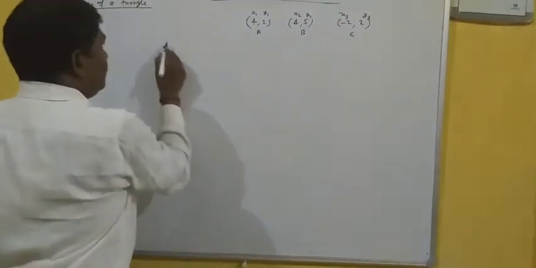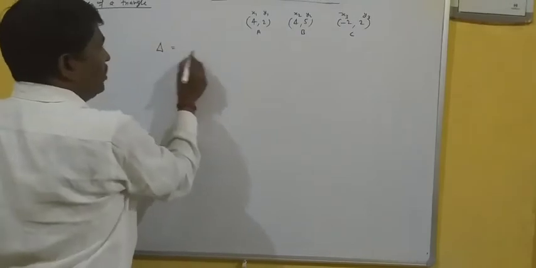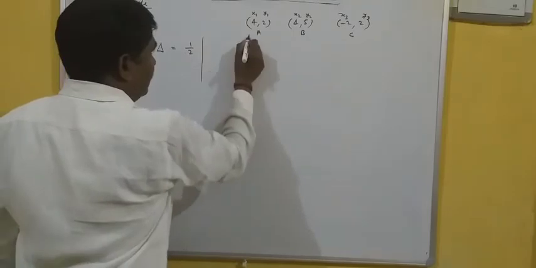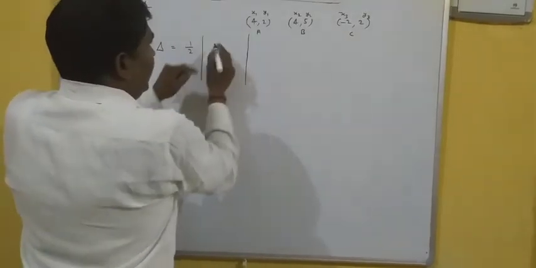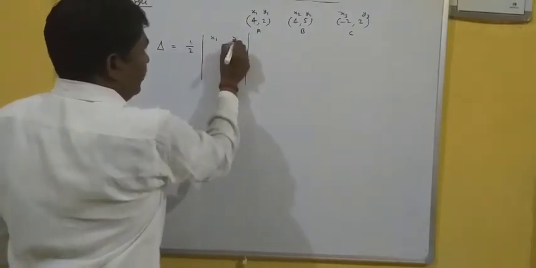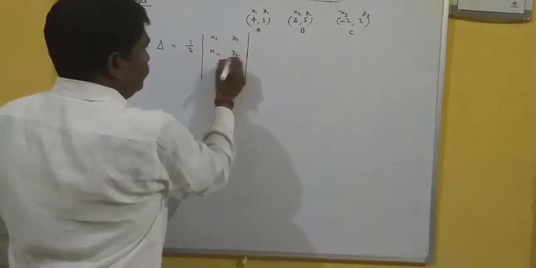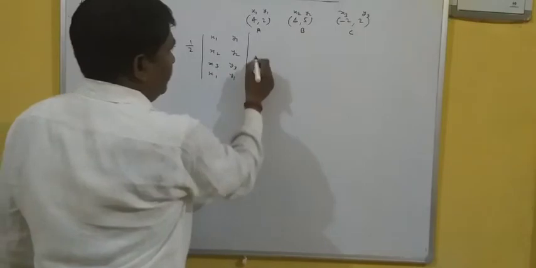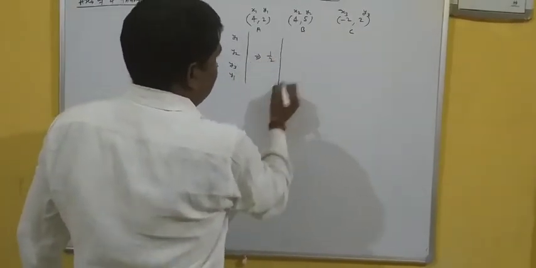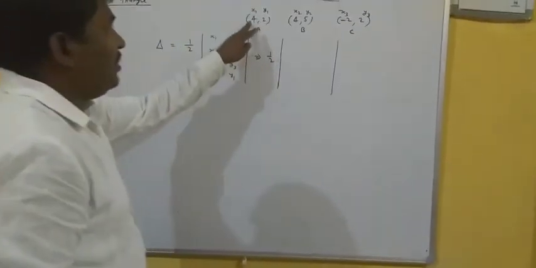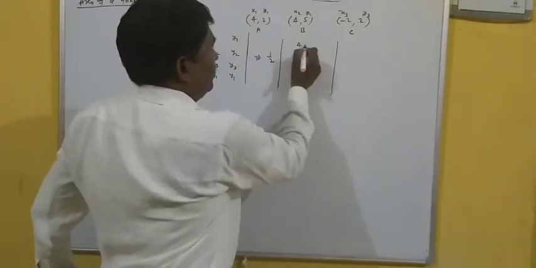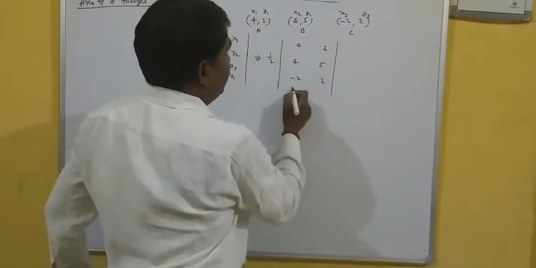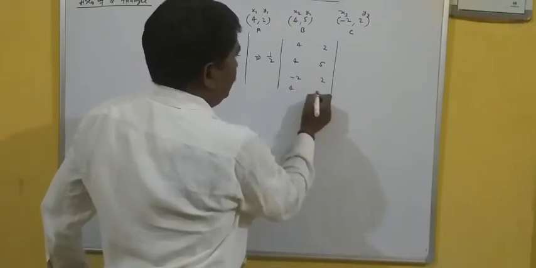Then putting in this formula the values of these vertices: 1 by 2, then x1, y1, x2, y2, x3, y3 and thereafter x1, y1. I think the formula is quite obvious, and now putting these values 4, 2, 4, 5, minus 2, 2, and thereafter again 4, 2.